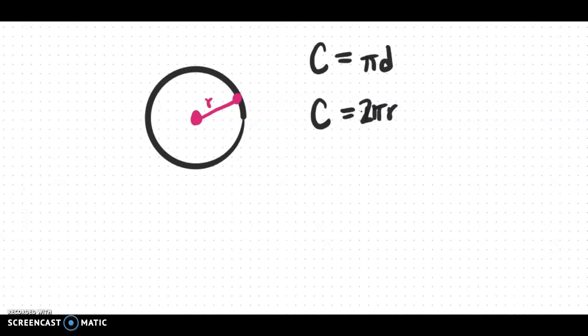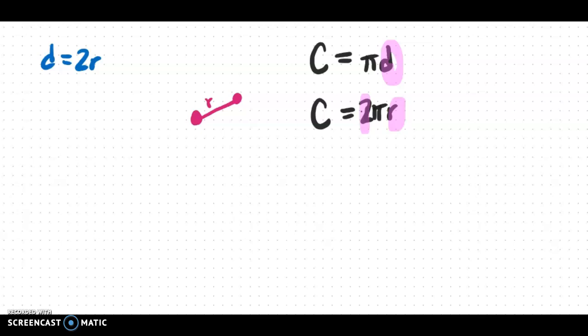The reason why you can replace this d with the 2r is because those are equivalent. The diameter is from the outside edge to the other outside edge, passing through the center. So it's made up of 2 radiuses. So the diameter is equal to 2 radiuses. So that's why you have the choice of the formula to use.